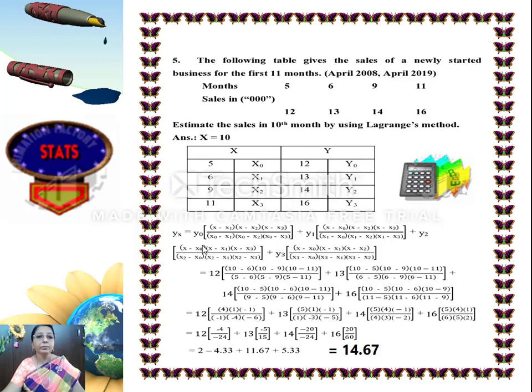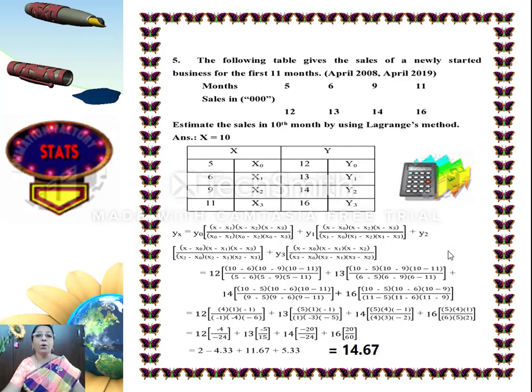Going on to the formula, we start with y0, x minus x1, x minus x2, x minus x3 divided by x0 minus x1, x0 minus x2, x0 minus x3 plus y1 x minus x0, x minus x2, x minus x3 divided by x1 minus x0, x1 minus x2, x1 minus x3 plus y2 x minus x0, x minus x1, x minus x3 divided by x2 minus x0, x2 minus x1, x2 minus x3 plus y3 x minus x0, x minus x1, x minus x2 divided by x3 minus x0, x3 minus x1, x3 minus x2.